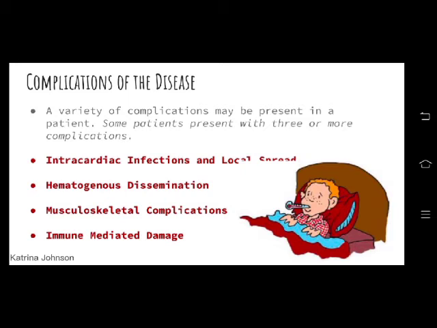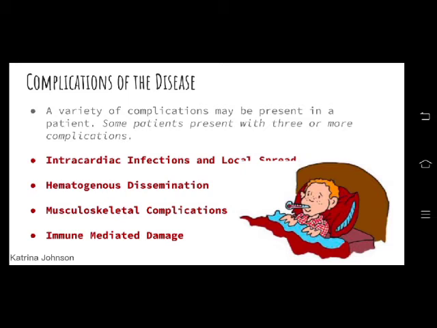For example, just to give you an idea of what 3 or more complications look like, an infective endocarditis patient could have emboli, and at the same time, they could also have a metastatic abscess or a mycotic aneurysm and a cerebral hemorrhage. So that's already 4 possible complications. Another example with just 2 complications: patients with hematogenous dissemination can also have emboli at the same time, or they can simultaneously have musculoskeletal complications or symptoms.